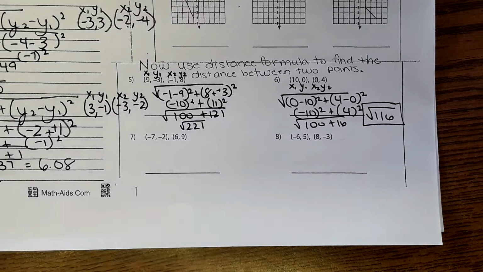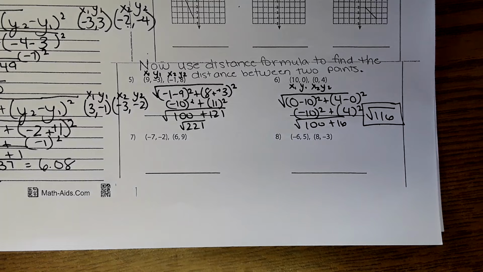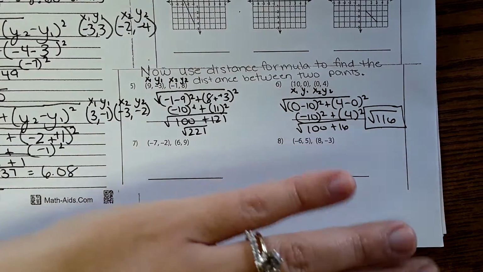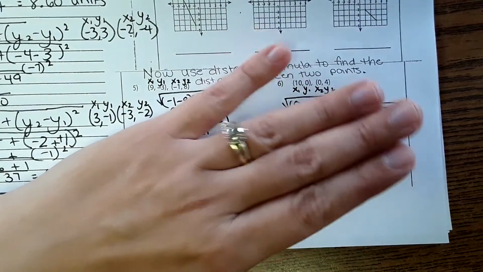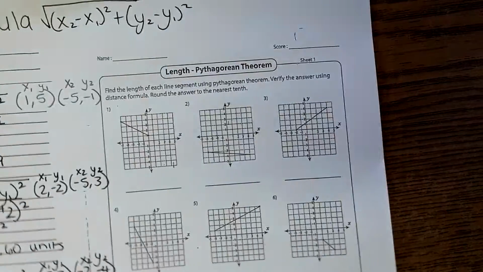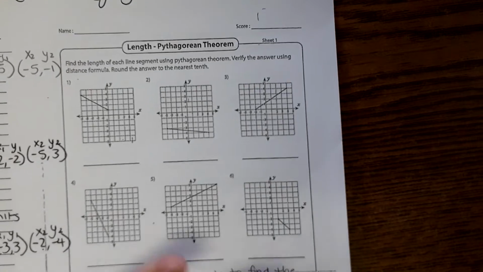And for number 6, you should have gotten 106, or square root of 116. Then we're going to skip 7 and 8 for now. I'm going to have you do that on your own in a second. But even if you've already started 7 and 8, just take a break, come up to number 1 through 6, and we'll look at those together.